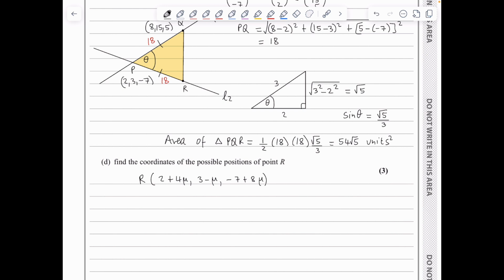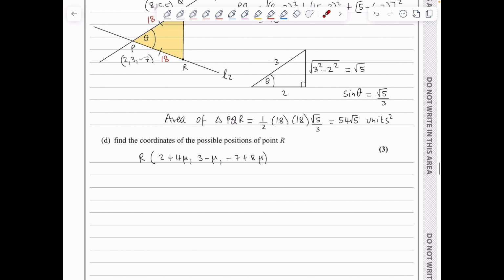We also know that the distance between P and R is 18, so I can find an expression for the distance PR, which is going to be 2 plus 4 mu minus 2 squared plus 3 minus mu minus 3 squared plus negative 7 plus 8 mu minus the negative 7 squared, and all square root.